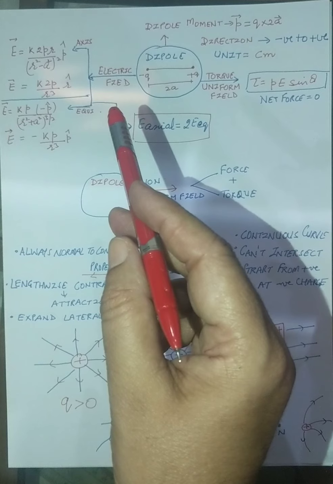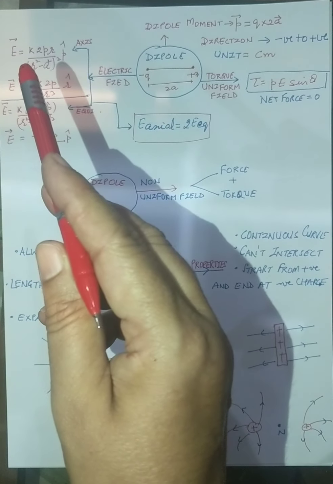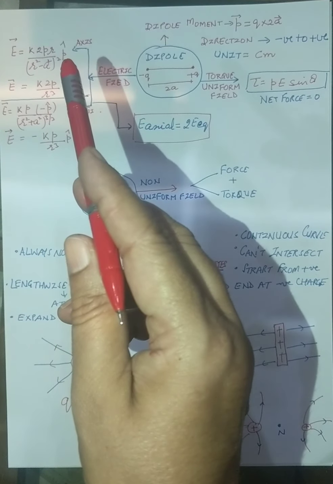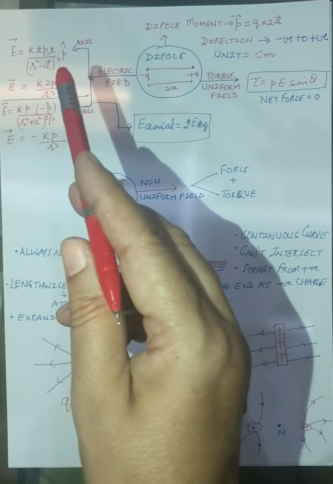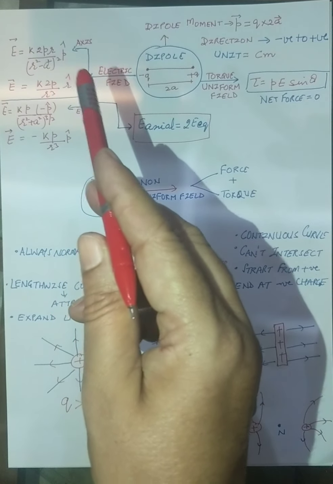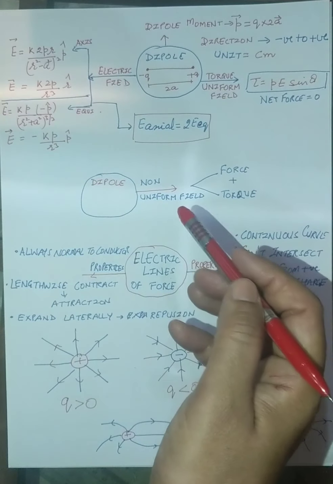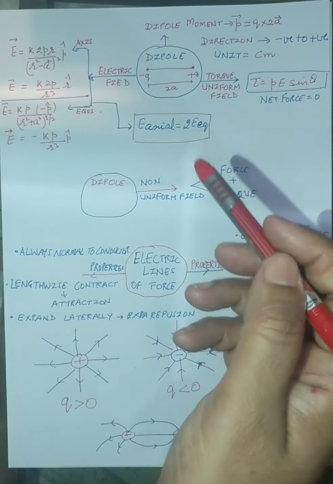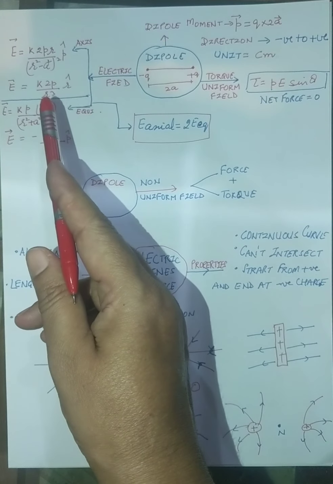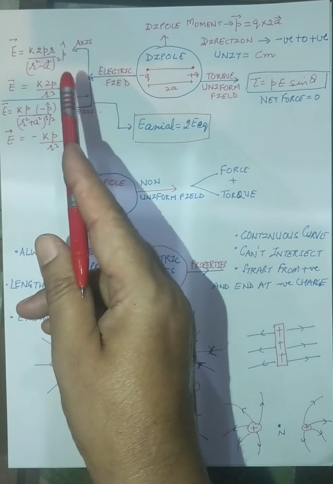In the case of the axial field, you know the expression: the electric field is equal to k into 2pr upon (r square minus a square) whole square into p cap. So children, when you are doing the MCQs, you have to memorize these formulas. These formulas should be on your tips. So it is equal to 2kpr upon (r square minus a square) whole square into p cap.